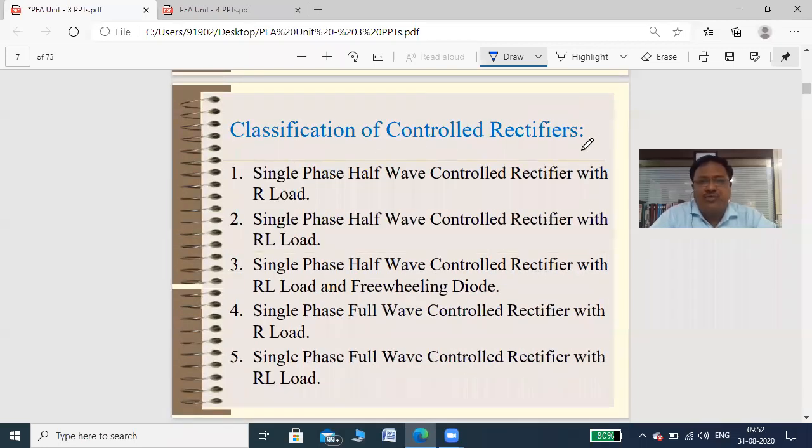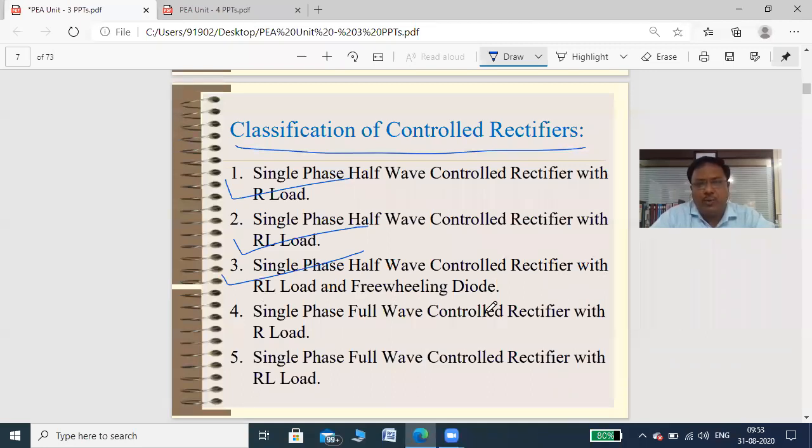Now classification of controlled rectifiers: single phase half wave controlled rectifier for R load and for RL load. By using one SCR, that is a single phase half wave controlled rectifier with R load and RL load. Then single phase half wave controlled rectifier with RL load and freewheeling diode.